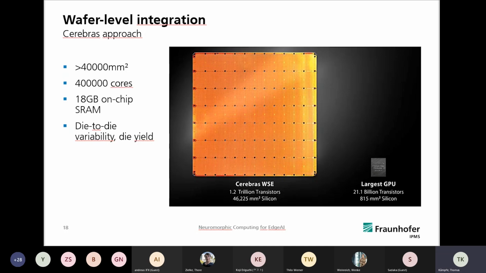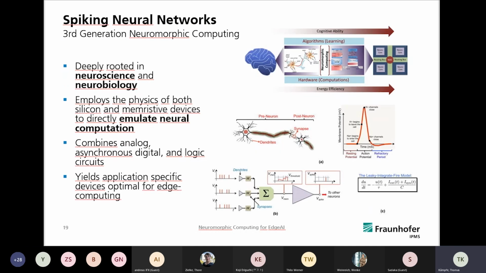Okay, but now maybe go a step back from these super large chips. We go first to super small chips, which can then maybe also be used more in edge-related environments.